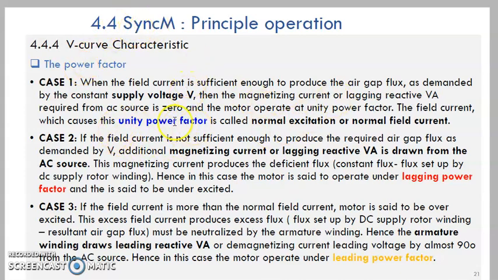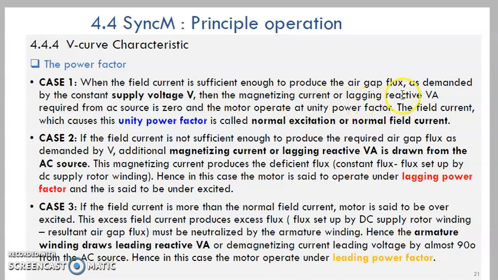At unity power factor, this happens when the field current is sufficient enough, meaning the field current IF induced to the field to excite the poles on the rotor is enough to produce the air gap flux as demanded by the constant supply voltage. Then the magnetizing current, or lagging reactive VA, required from the AC source is 0.